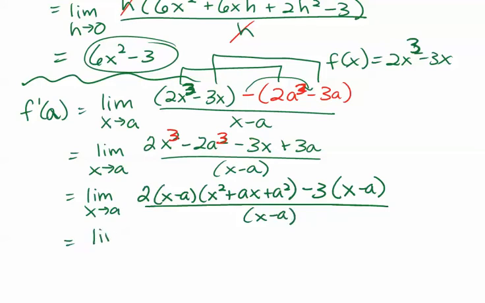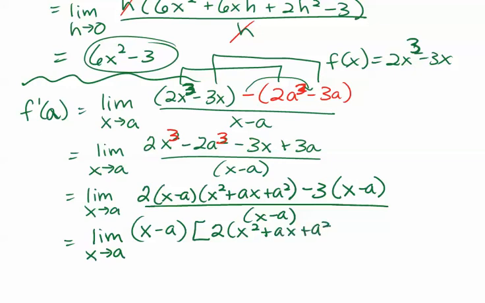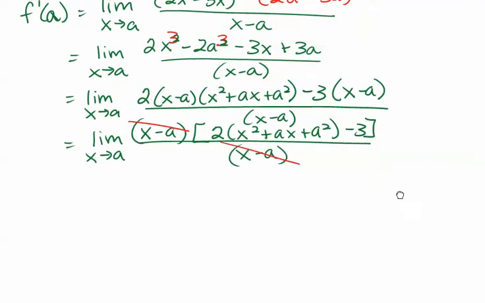Now, you could skip to the next step, but I'm going to show that x minus a is the GCF, just for those gentlemen who find it easier to see every step here. But I would be perfectly fine if you skipped right to the next step, because I think we could all see what was going to happen at this point, that now the x minus a's have canceled.